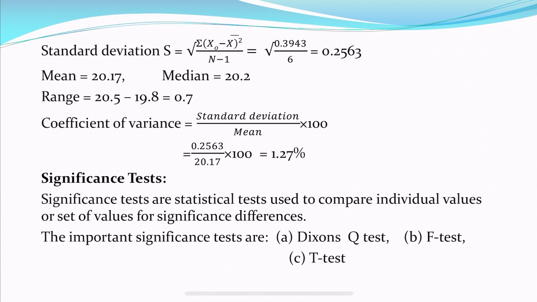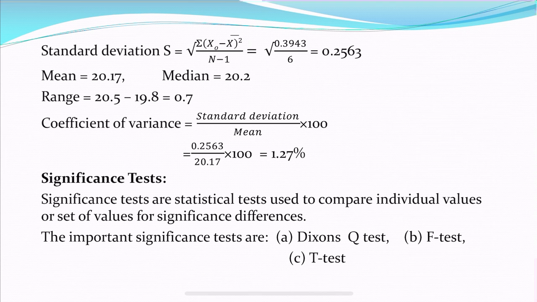As I said, coefficient of variance is equal to standard deviation divided by mean into 100. The standard deviation we have calculated is 0.2563, divided by the mean 20.17, into 100. So this is equal to 1.27 percent. Okay. So this is how we calculate coefficient of variance.